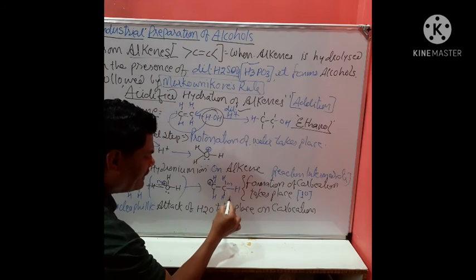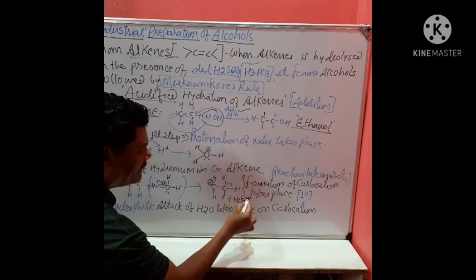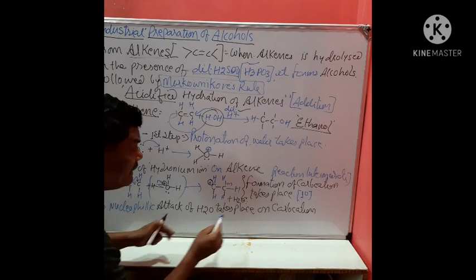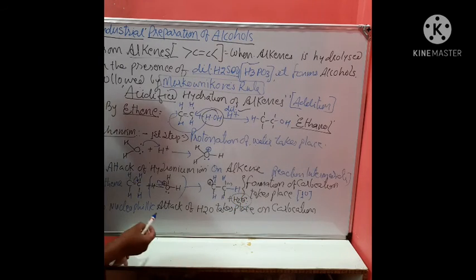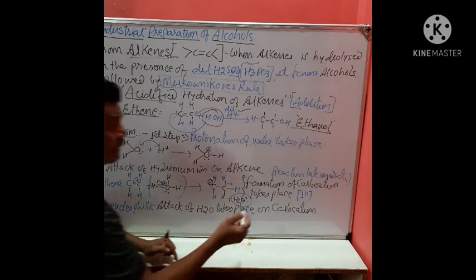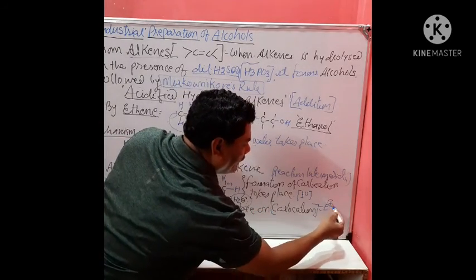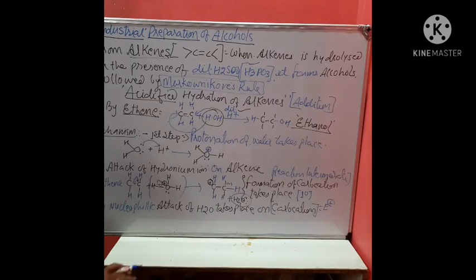That means the water molecule is eliminated from here. So this water molecule in the next step participates in the reaction and acts as a nucleophile. Why? Because this carbocation can act as an electrophile. So on the electrophile, or carbocation, the nucleophile, meaning water, will attack.